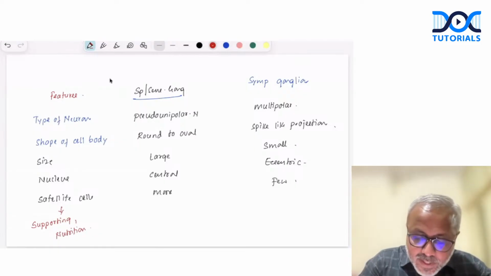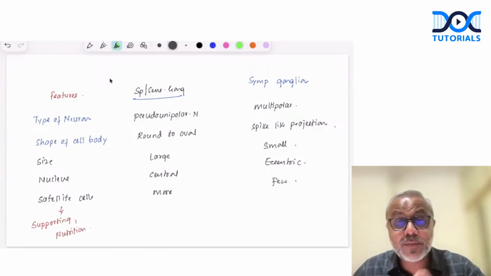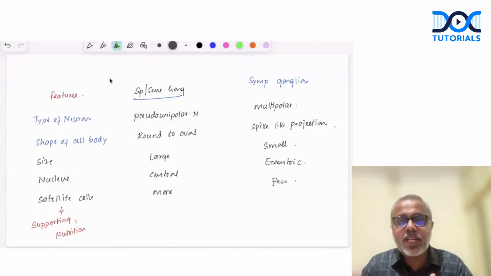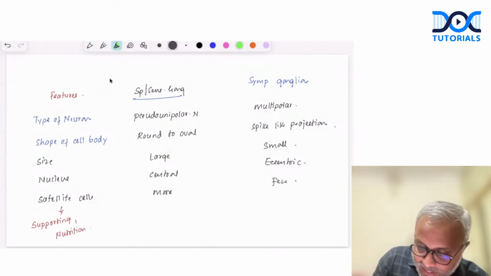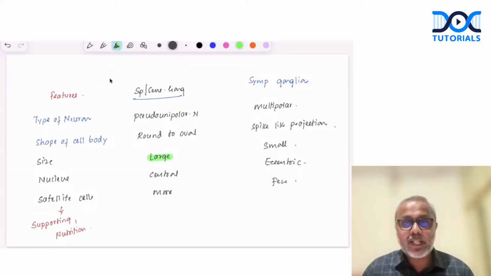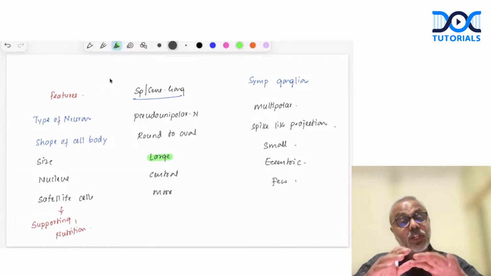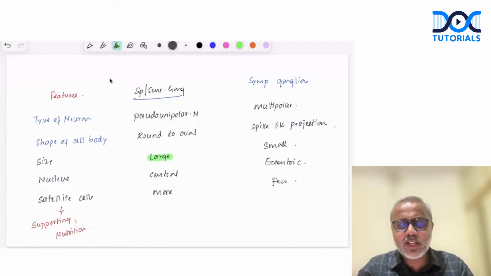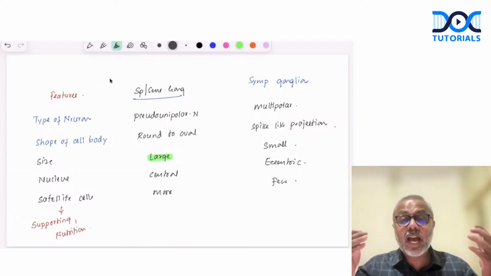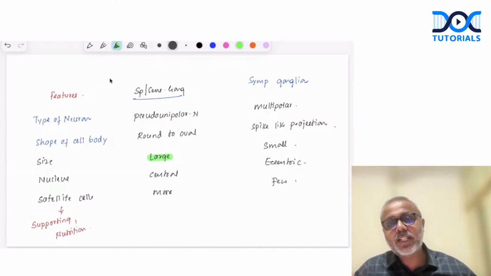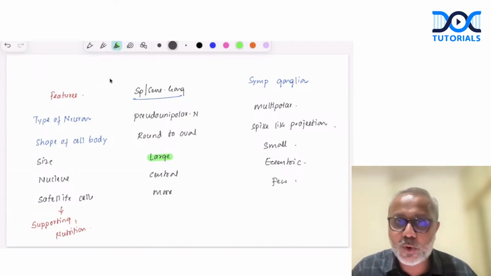Now, in which of these types of neurons do we get larger cell body? Yes, it is in the spinal ganglion, which are pseudounipolar. So imagine you have a larger body, you need more nutrition, and this can be supplemented only by satellite cells. So the number of satellite cells in sensory ganglion is more.